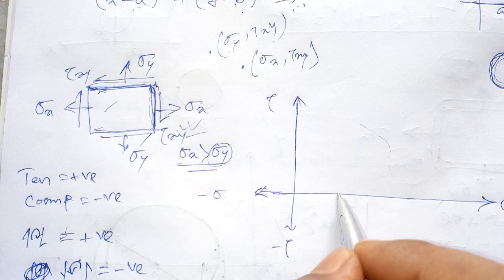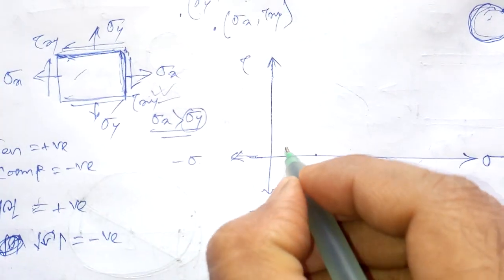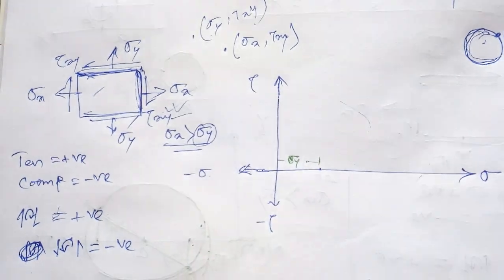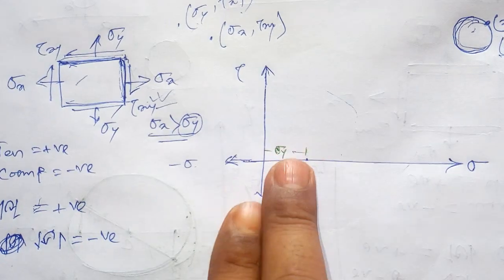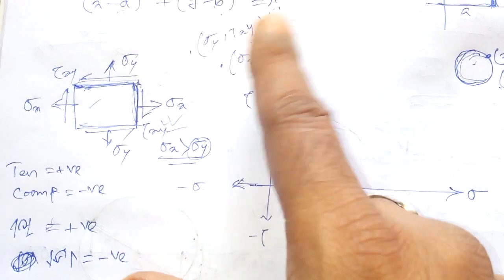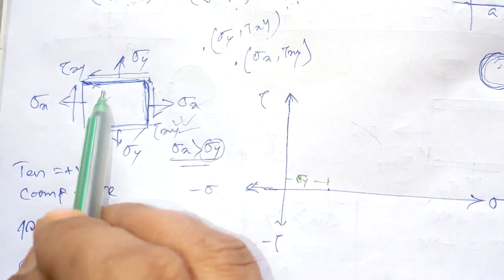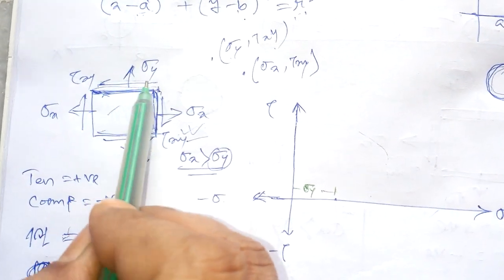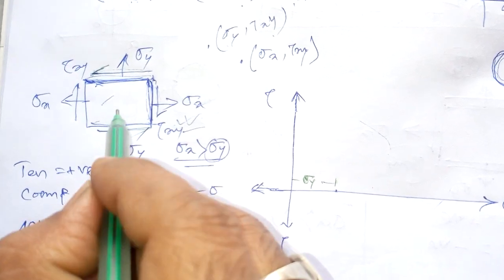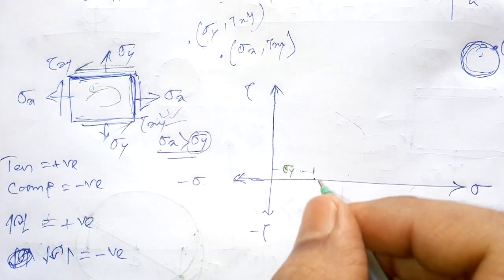Suppose we are taking a point which is sigma y apart in abscissa, right? Now what will be the ordinate of this point? The ordinate will be tau xy, right? Now let us see what will be the sign convention. Tau xy in the horizontal plane is in this direction and in this direction. So obviously this shear force is rotating the body in anti-clockwise direction, so this will be negative.